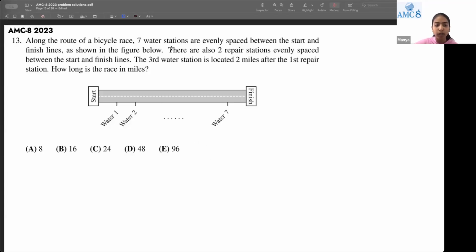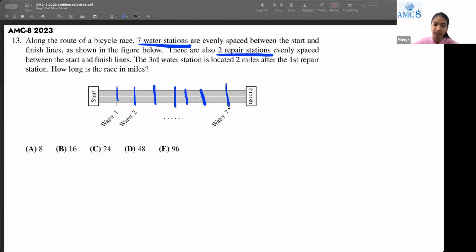So there are 7 water stations that are evenly spaced between the start and finish. But they also said that there are 2 repair stations evenly spaced between the start and finish line. So here, this can be the first water station, second, third, fourth, fifth, sixth, and seventh.